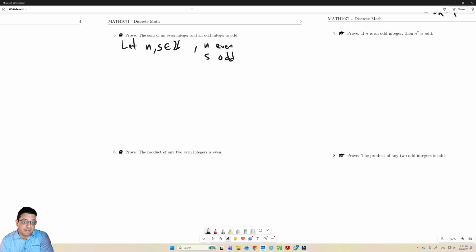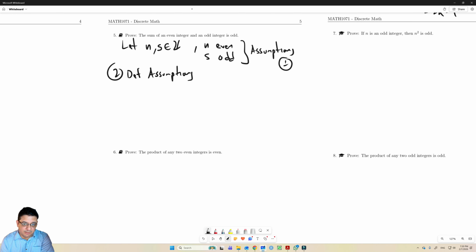Notice that every time we're doing proofs, we're breaking this into 5 steps. So this is going to be my assumptions, which is step 1. Step 2 is going to be my definition of the assumptions.